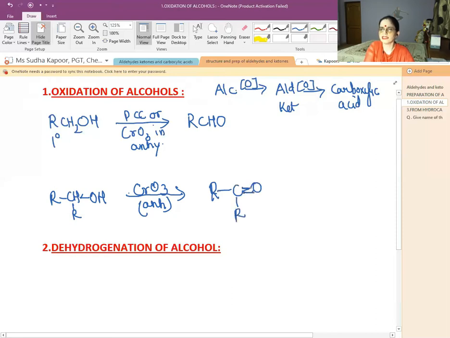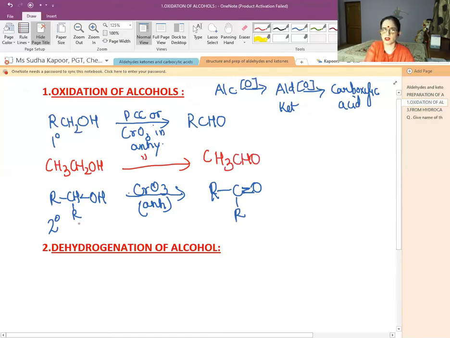So aldehydes can be prepared from 1 degree alcohol and ketones can be prepared from 2 degree alcohol if we are using an oxidizing agent that is controlled in nature. Let us see one example of each of these cases. CH3CH2OH, keeping all the conditions the same as above, we will get CH3CHO, a direct one-step conversion.